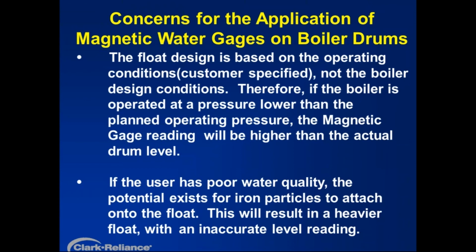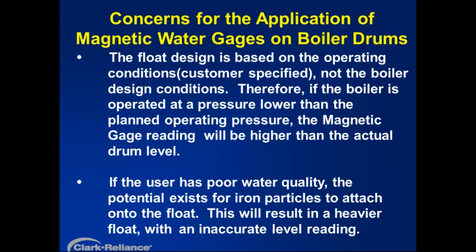In that scenario, my magnetic level gauge would read high by 5 inches because, as I mentioned earlier, the float is designed for the specific gravity and operating conditions of the boiler. It would operate accurately at the 1,500 it was intended to operate, but if you have a big operating pressure drop, the amount of level indicating error can be quite serious with a magnetic level gauge.